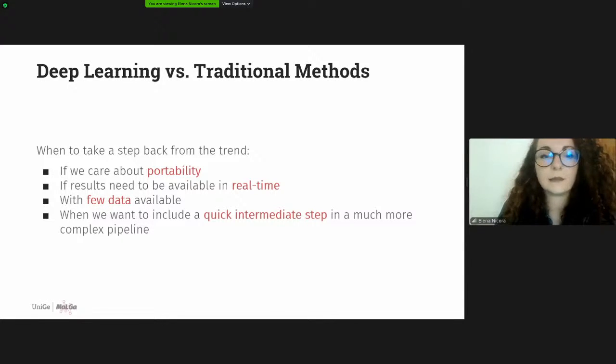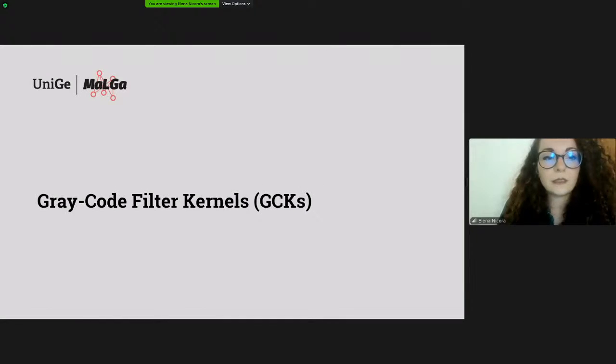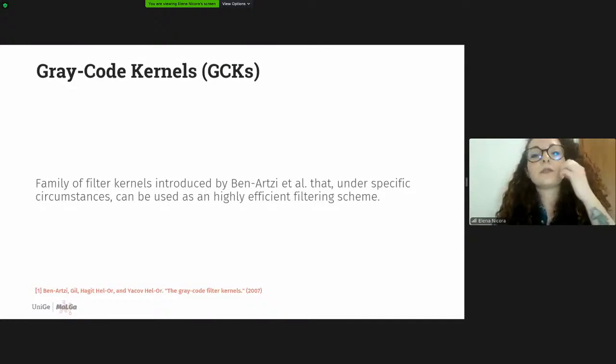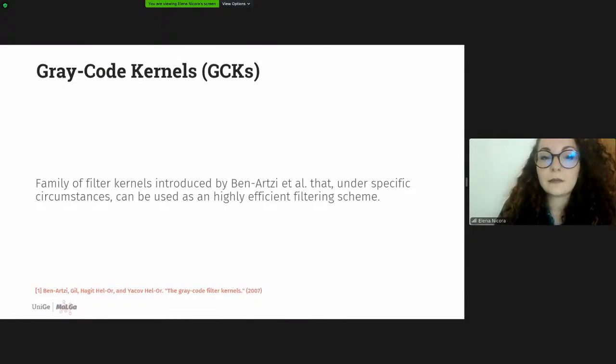While studying the literature, we found this bank of filters that comes with a filtering scheme that is general enough to approximate basically any kind of filter, and under specific circumstances can be used also as a highly efficient filter scheme.